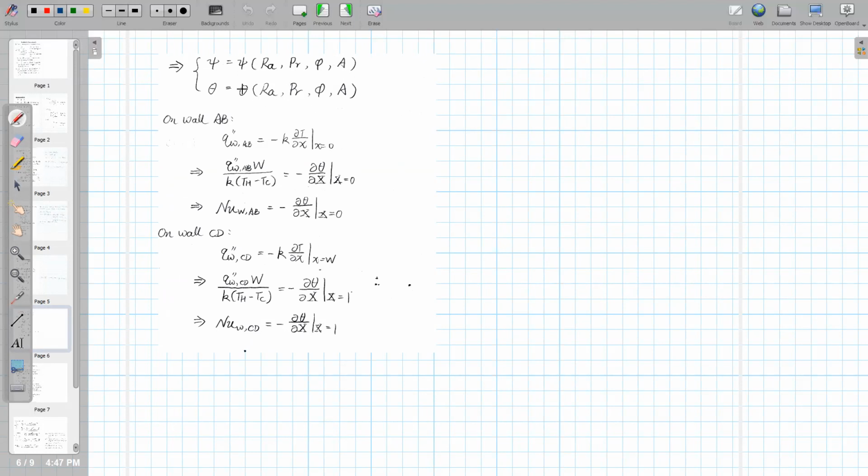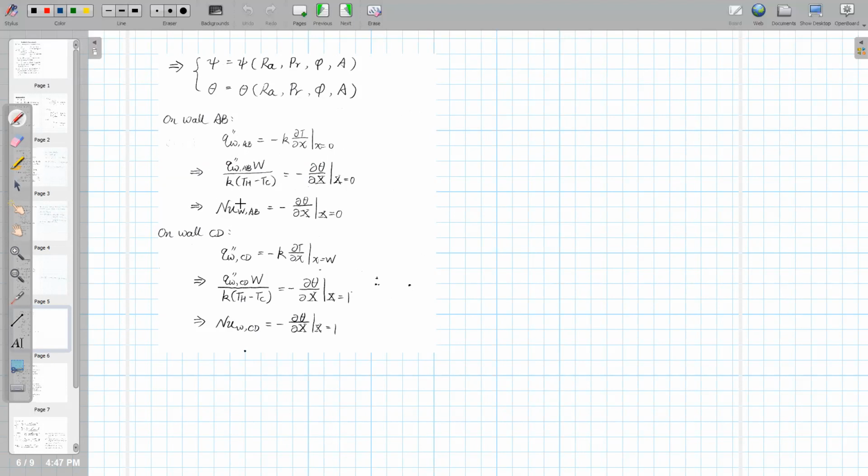Okay. After you get the results of theta, you can further calculate the heat flux. Okay, on the wall AB, you can calculate the heat flux equal to minus k partial T partial x at x equal to 0, and you change the T to theta and small x to big X. You get these 2 additional terms here, and you can see that this is just the definition of the Nusselt number.